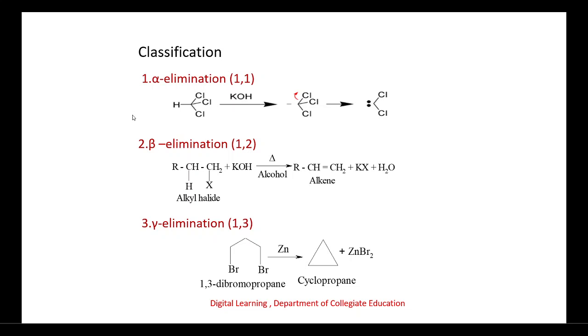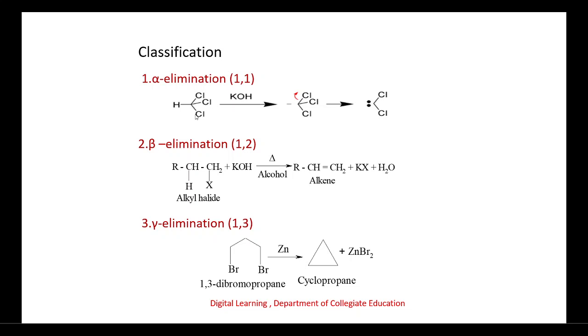Coming to the classification, we can classify the elimination reaction depending upon the removal of atoms either from the same carbon, from neighboring carbons, or from carbon atoms 1 and 3. When an elimination reaction involves the removal of atoms from the same carbon atom, it is called alpha elimination or 1,1-elimination.